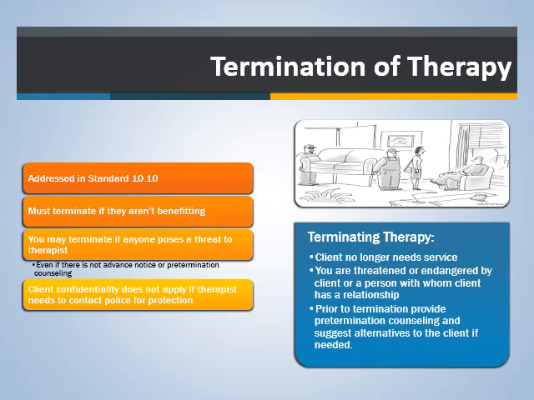If a client doesn't need the services, isn't benefiting, or is being harmed, terminate. You can also terminate when your life is in danger, whether it's because of the client themselves or somebody related to the client. And except where precluded by clients and third parties prior to termination, you need to provide pre-termination counseling and suggest alternative services.